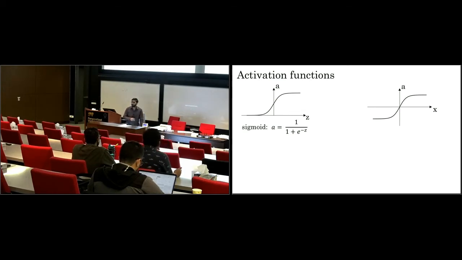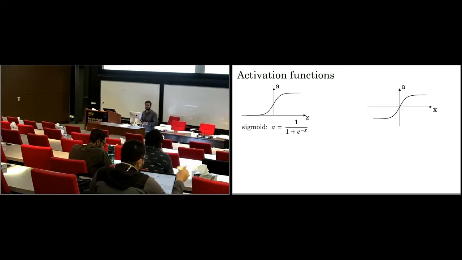And as z approaches positive infinity, exponent of negative z would approach 0, and then 1 divided by 1 approaches 1. Does it make sense to everyone? Okay, so that's a simple sigmoid function. That's essentially giving us what we want, right? You can interpret it as a probability distribution because you will get a number which is between 0 and 1.